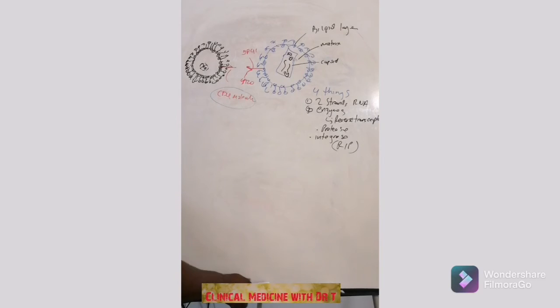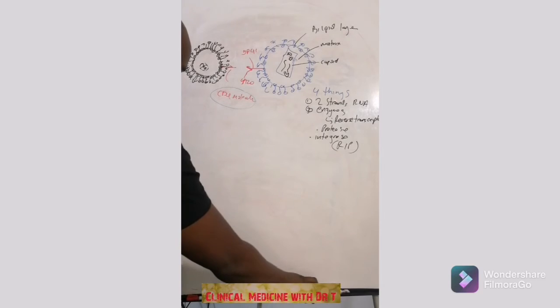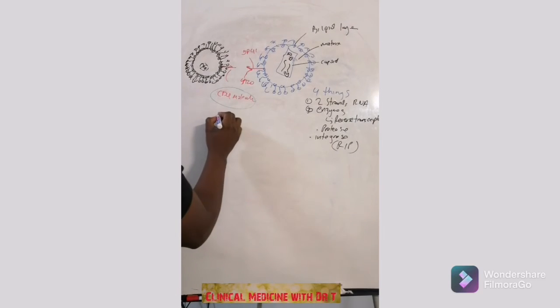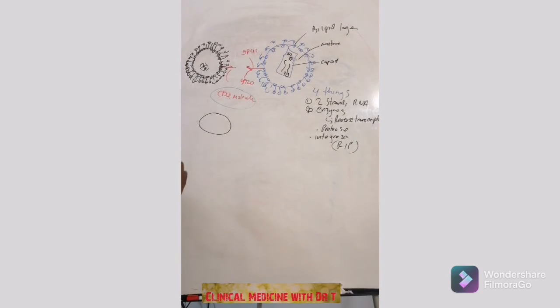So if I were to draw it more simply, you've got this lymphocyte with its genetic material in the nucleus, with its bilipid layer, and with its CD4 receptor molecule.